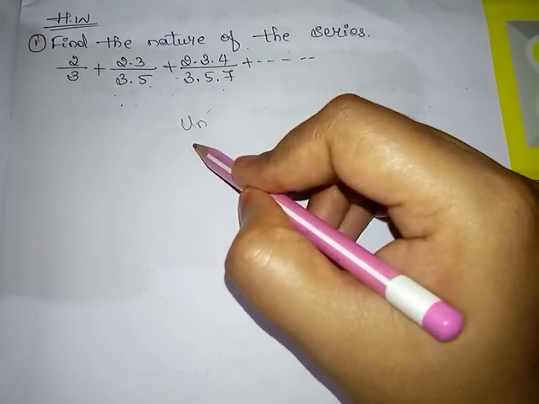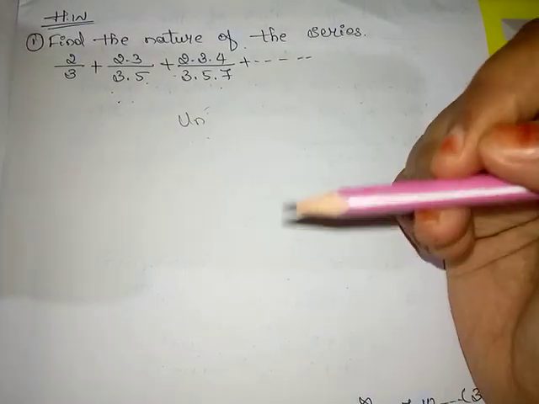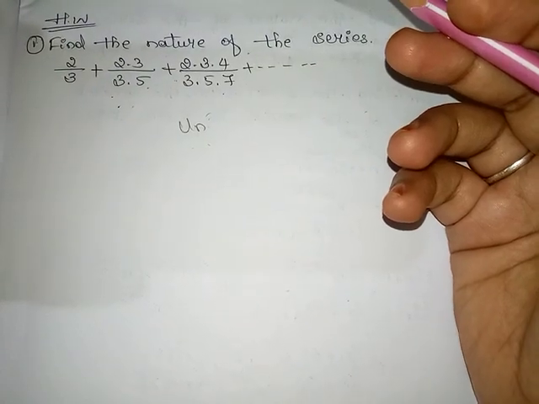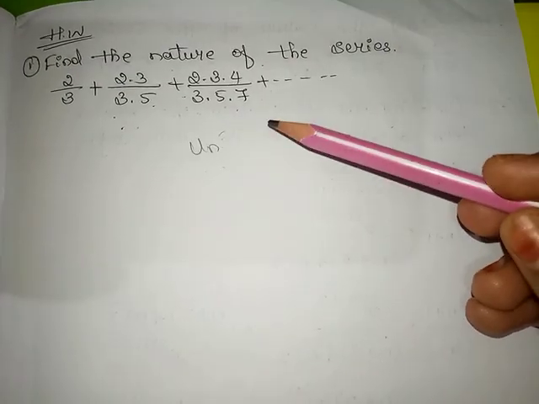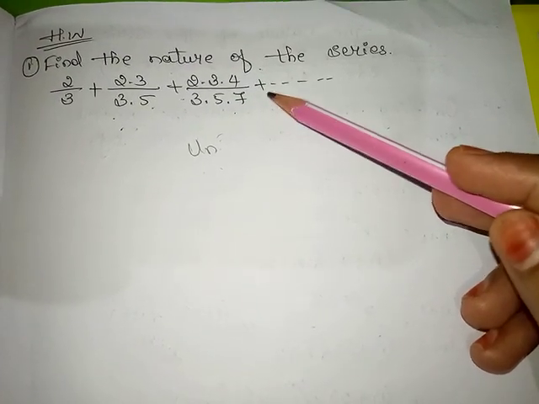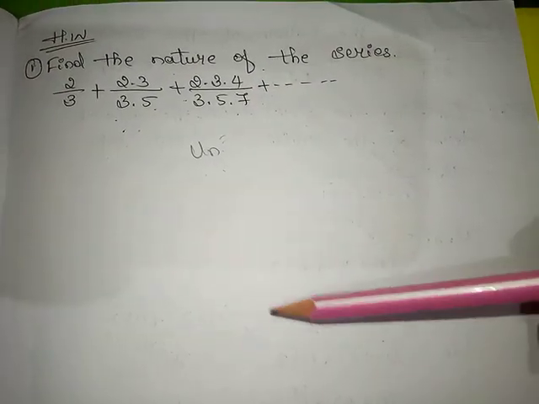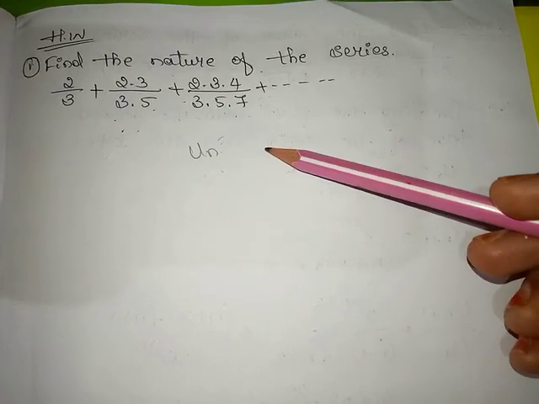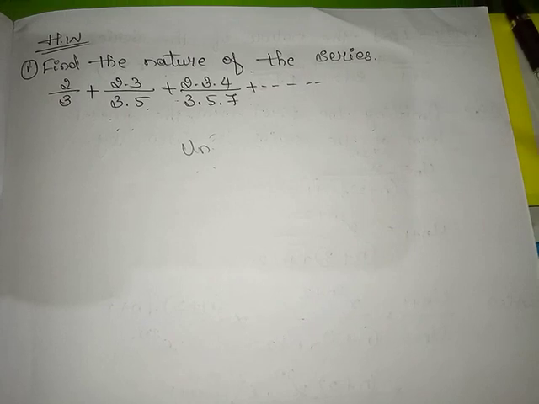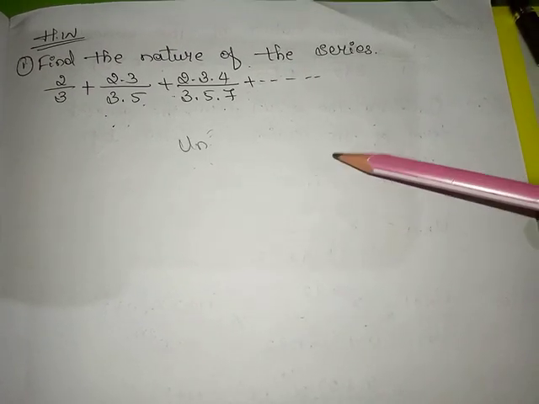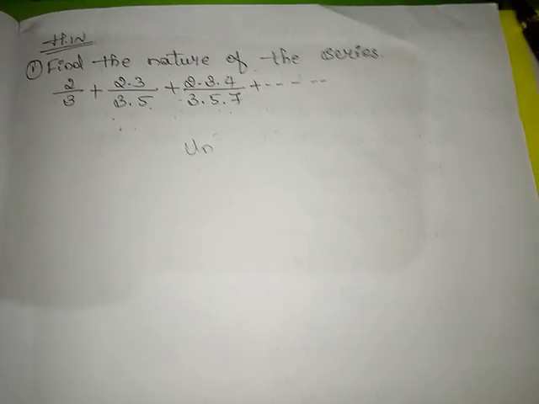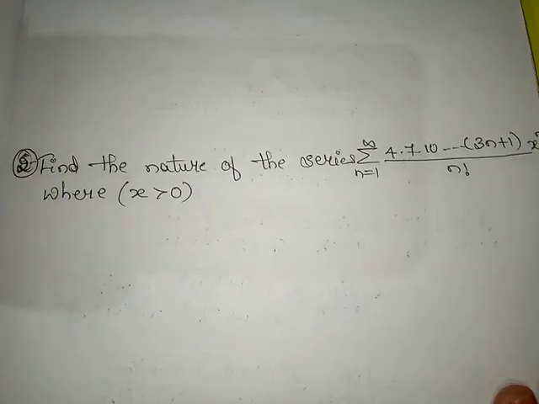This example is the same as the fourth example which I have solved in lecture 5, but in that example they gave an extra x term. Here the x term is not there. Just avoid that x term and you will get the un term. Before that, first understand the fourth example, then go through this example and you will get the required result. Okay, next example.